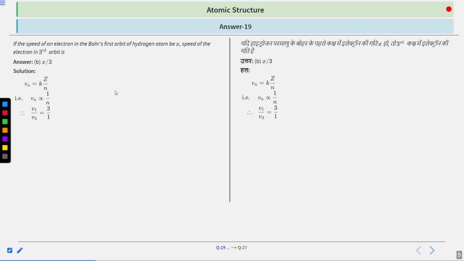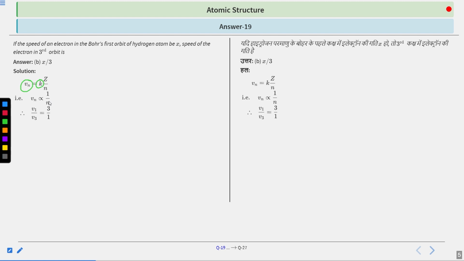What will the solution look like? This is the general formula for calculation of velocity of electron in the nth orbit for the element with atomic number z. Vn, the velocity in the nth orbit, is equal to k times z by n, where k is a constant, z is the atomic number and n is the orbit number.